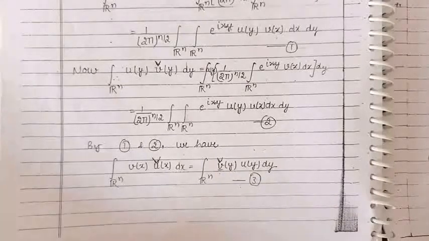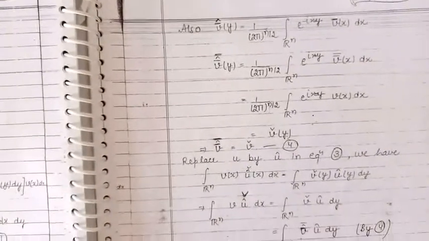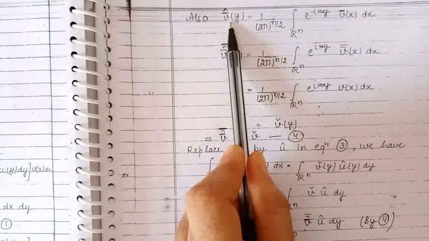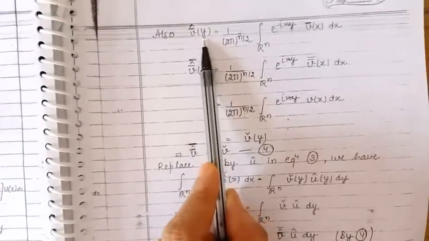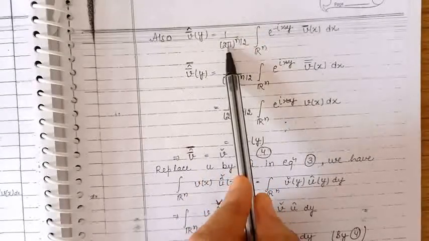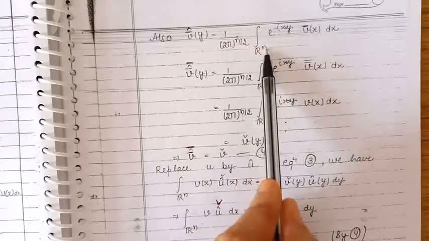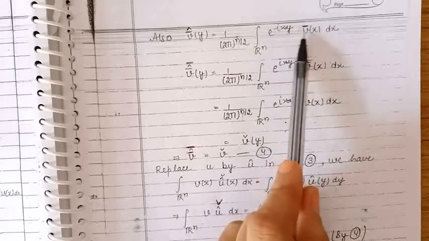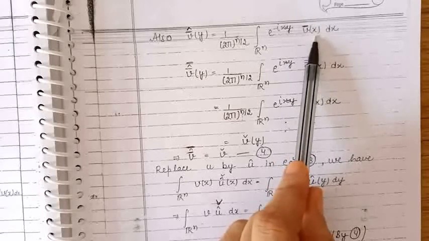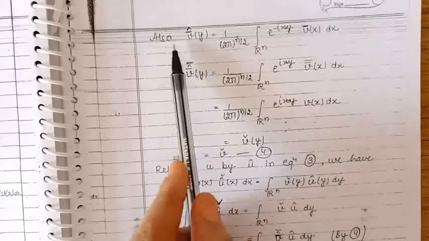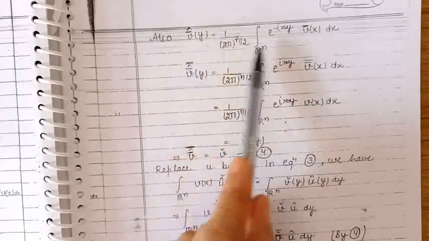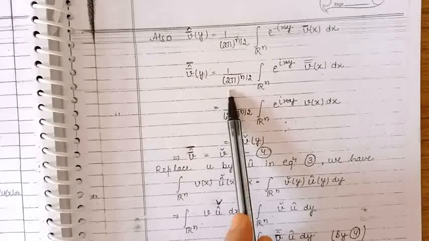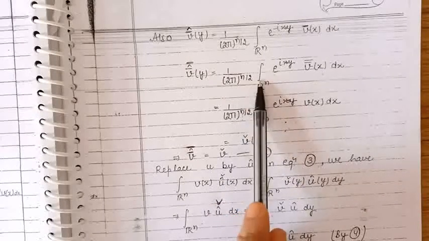Now let us consider the Fourier transform of the complex conjugate of function v. By definition, this is given by 1 upon (2π)^(n/2) integral over Rn e raised to the power minus iota x dot y into the conjugate of v at x. So applying complex conjugate on both sides, the right side becomes 1 upon (2π)^(n/2) integral over Rn.